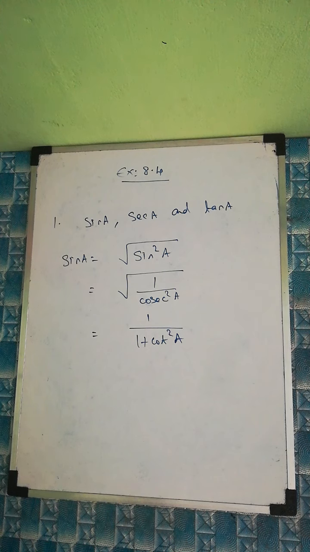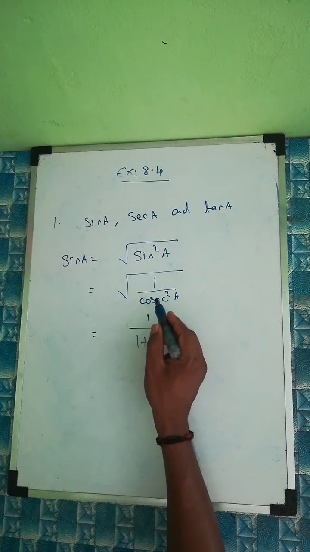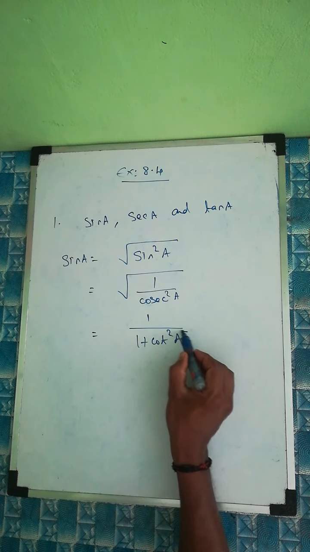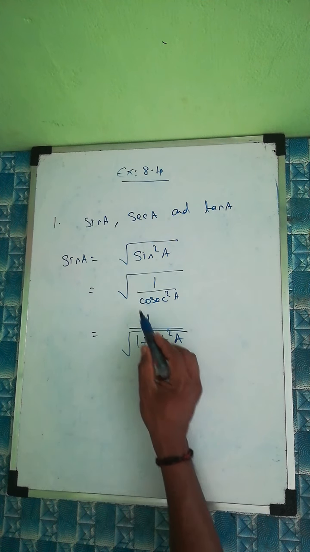Okay, and secant A. Secant A, we can write as the root of sec square A. Root 1 is 1 only.